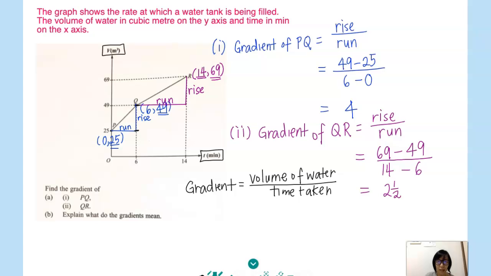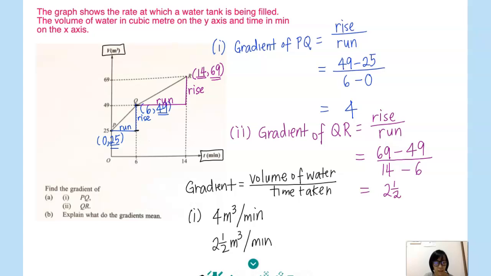So for part 1, the amount of water being filled per unit time is 4 meter cube per minute. Whereas for the later part QR, the amount of water filled is 2.5 meter cube per minute.